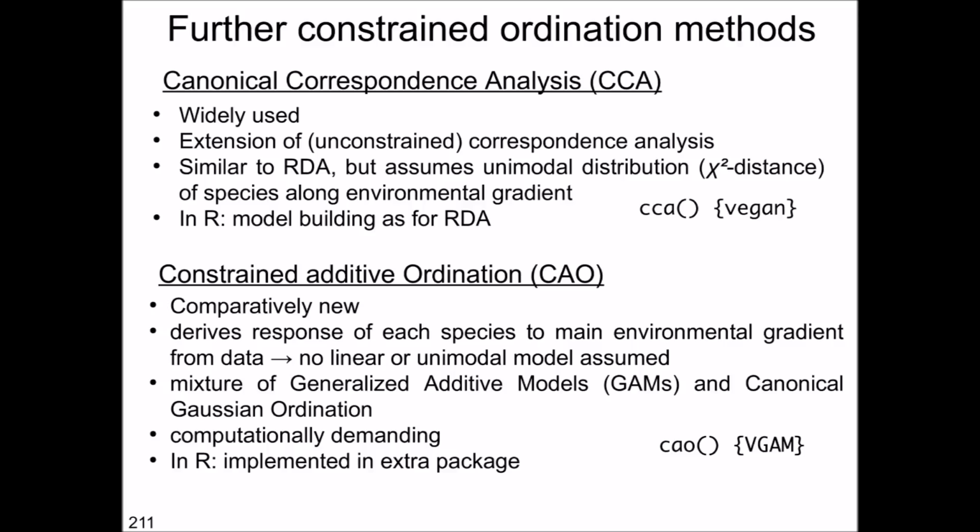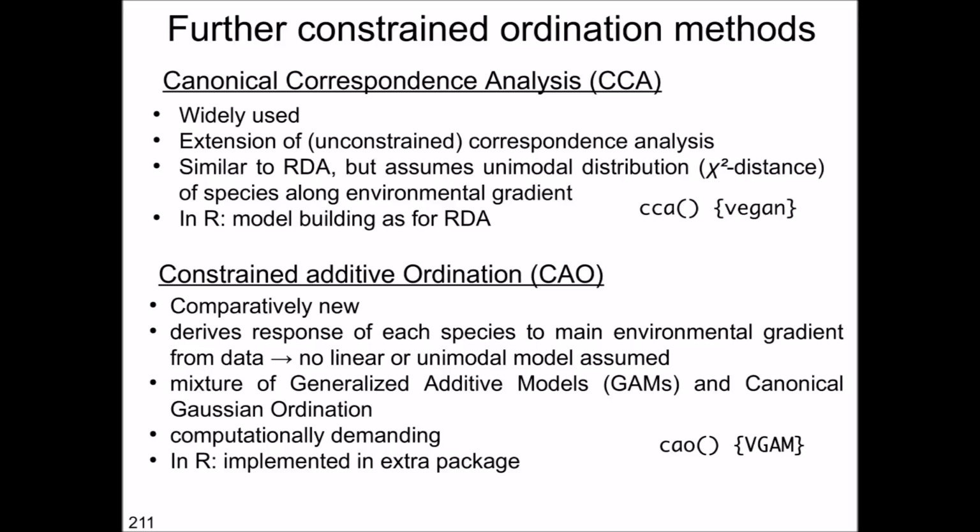That is a technique that is rather data driven, so you fit the responses based on the explanatory variables, the predictors, and you don't assume a specific model of the response. So there is no linear or unimodal model assumed. The technique is roughly speaking a mixture of generalized additive models and canonical Gaussian ordination.